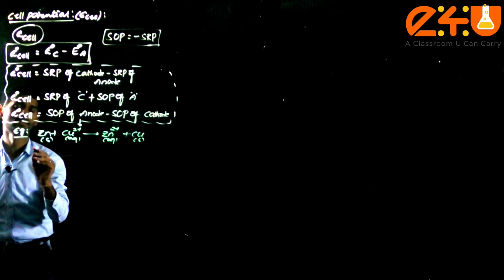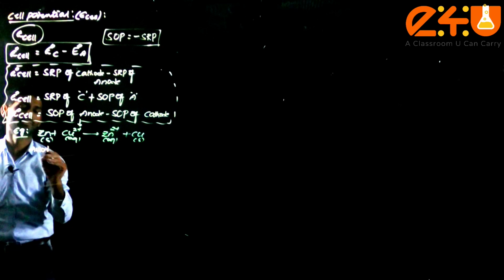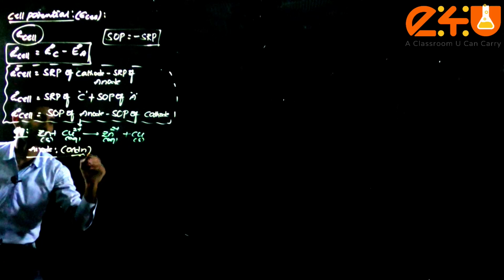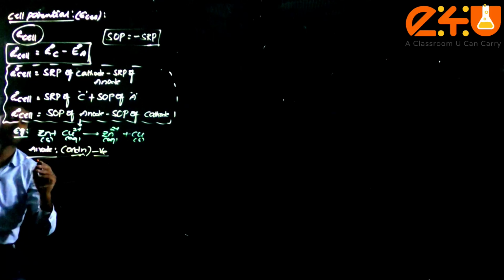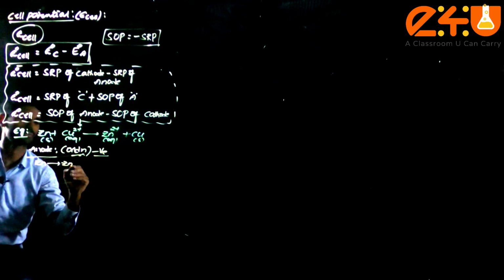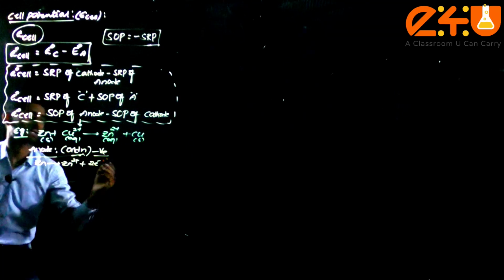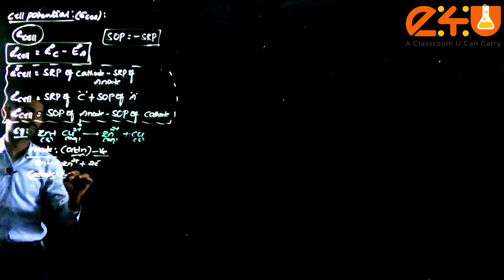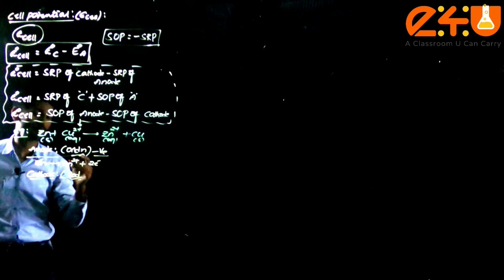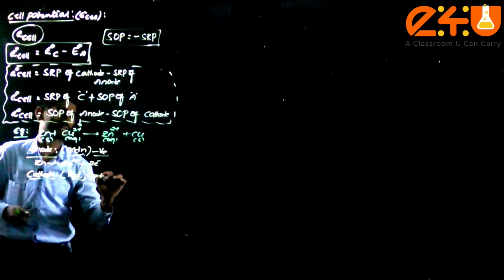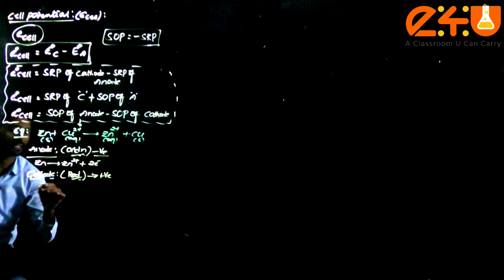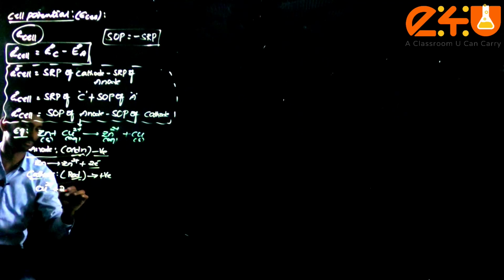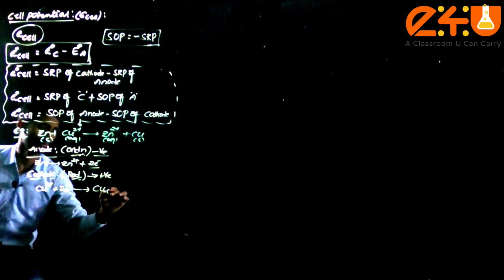At the anode oxidation takes place: Zn gives rise to Zn2 plus plus 2 electrons. At the cathode reduction takes place: Cu2 plus absorbs 2 electrons and gives rise to solid Cu.